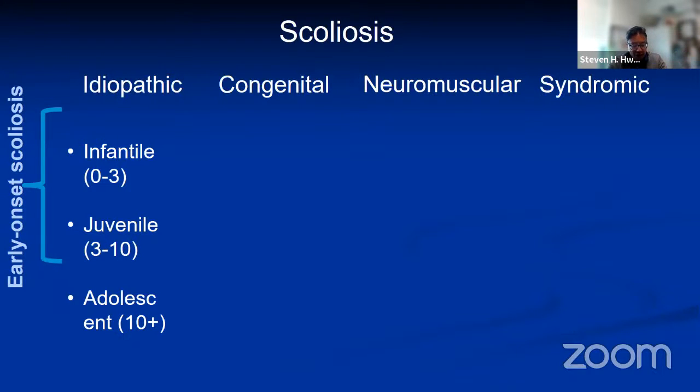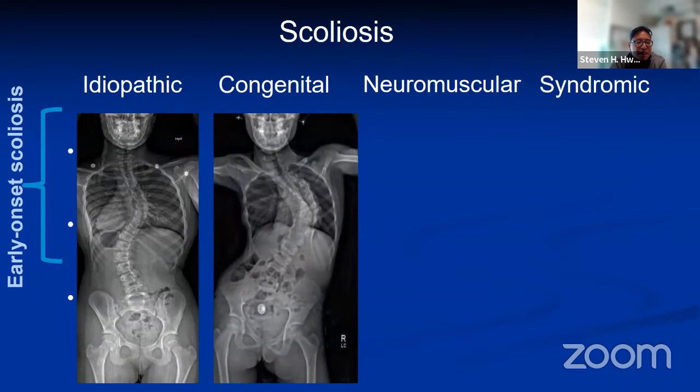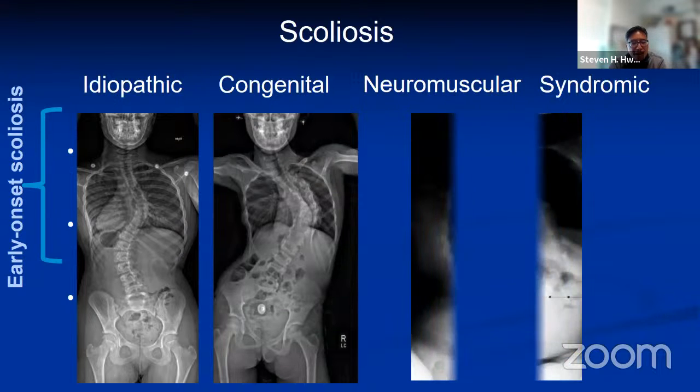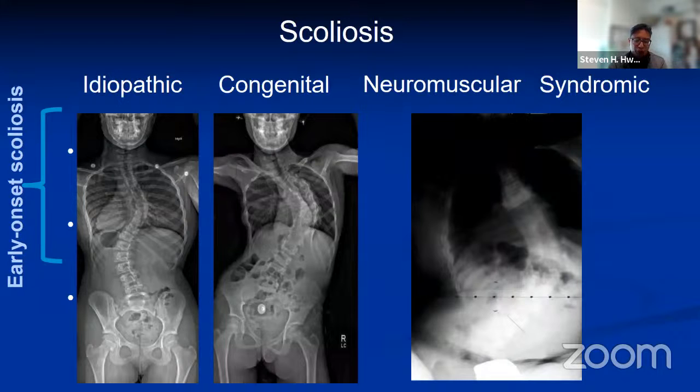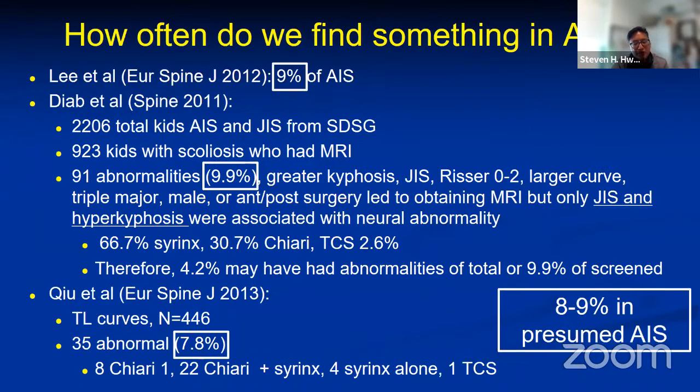It's a larger diagnostic umbrella that overlaps all of these. Whether it's an idiopathic curve in a healthy kid, congenital, where the bones are formed differently embryologically with fused segments, neuromuscular like CP, or syndromic like Rett syndrome, the overarching label is that if they're less than 10 years at diagnosis, we call it early onset scoliosis.